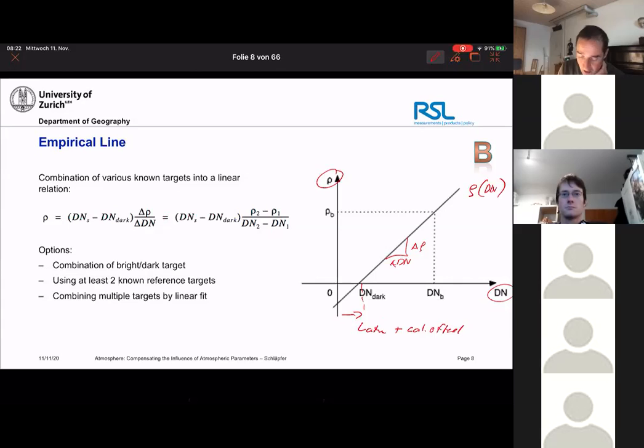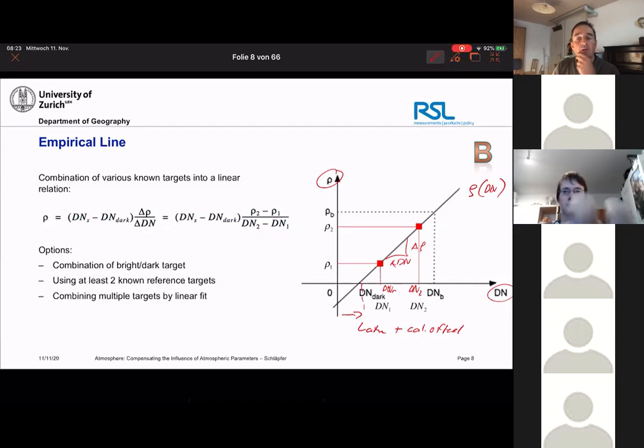So you've got rho 1 and rho 2, two targets with known reflectances, and you relate them to DN1 and DN2. That's DN1 here, this one is DN2. And these two known targets can be used to find a calibration curve for each spectral band.